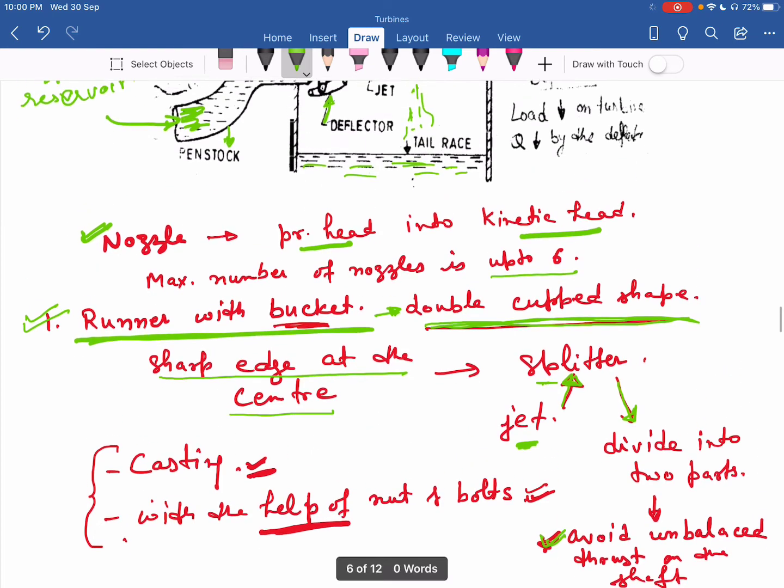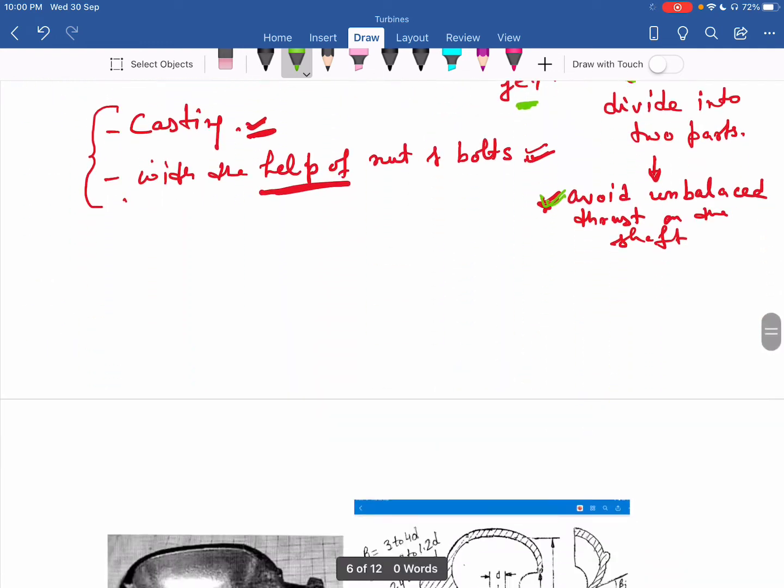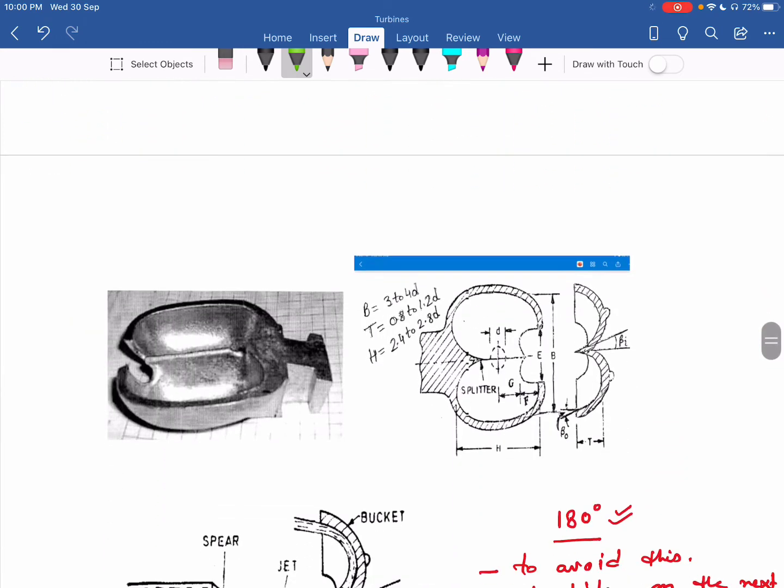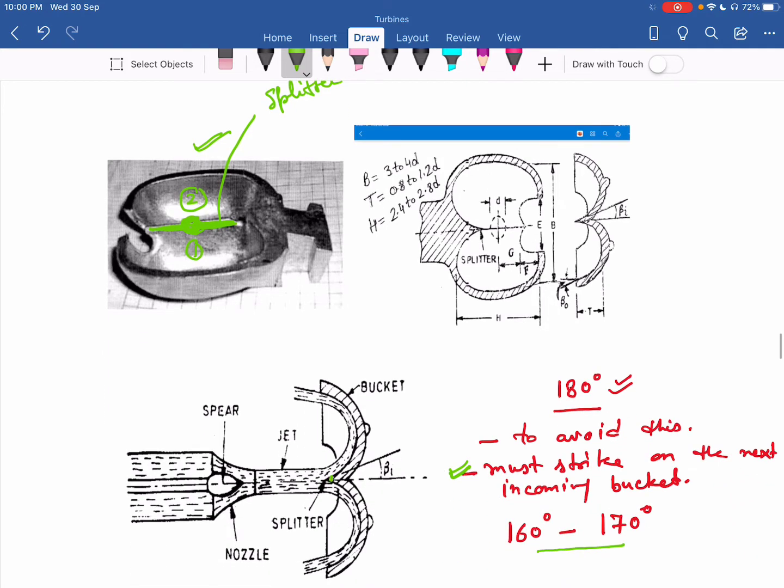Now you can see how the bucket looks. This is the shape of the bucket. You have two cups, one and two, joined together. This is the sharp edge. At the center of this, the jet strikes. This sharp edge we call the splitter. When the jet strikes the splitter, it divides into two parts, as you can see in this diagram.